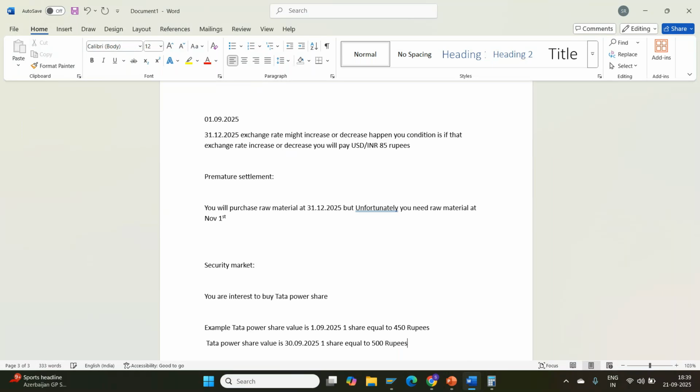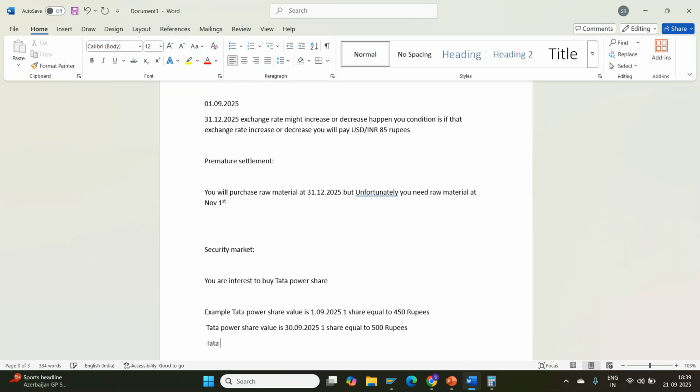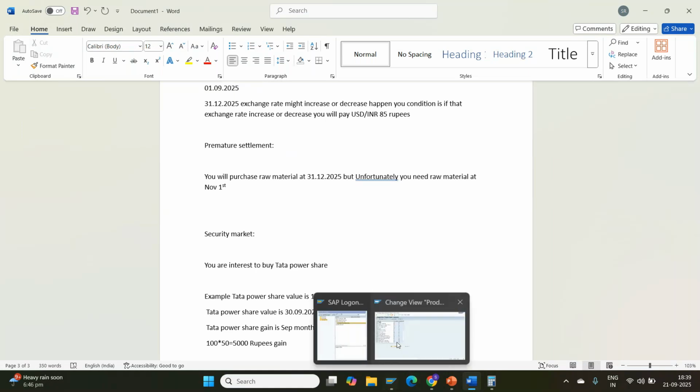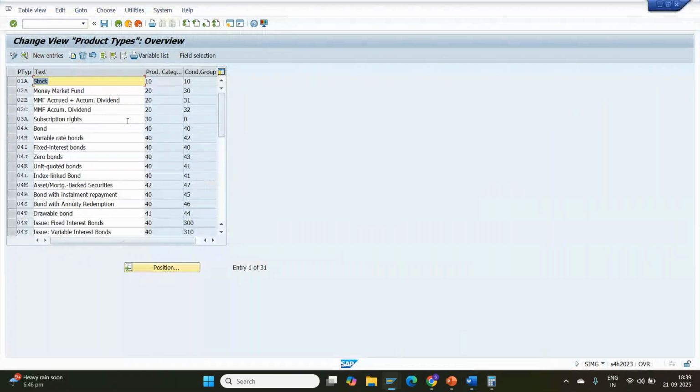How much profit are you getting here? The gain in September 2025 is 50 rupees on one share. For 100 shares, 100 into 50 is equal to 5,000 rupees gain. How will you do these things? You have to do it at the security market level.